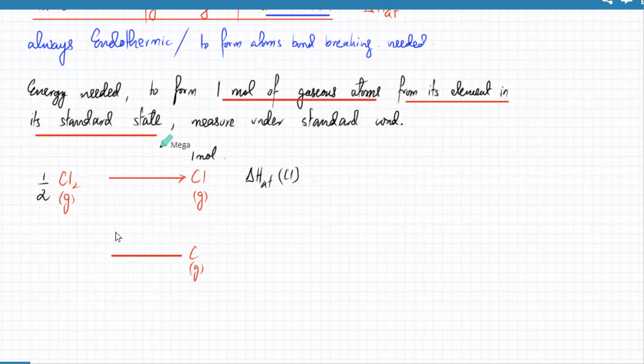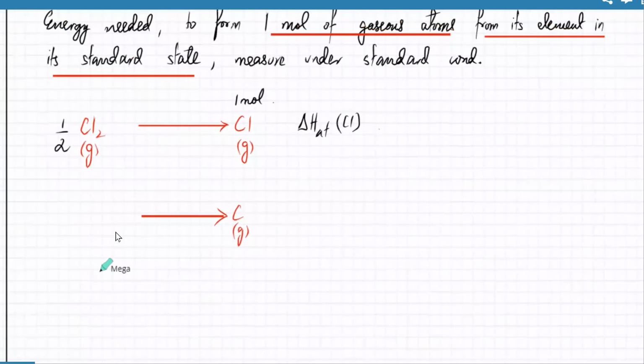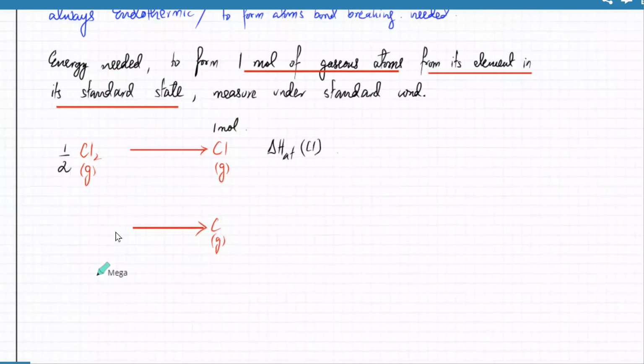Sir, this is also a kind of enthalpy change of formation, isn't it? But just a part of it, you could say. No, this enthalpy change of formation is usually for molecules and compounds. In a way, the definition can fit this, like it's the enthalpy of formation of a chlorine gaseous atom.